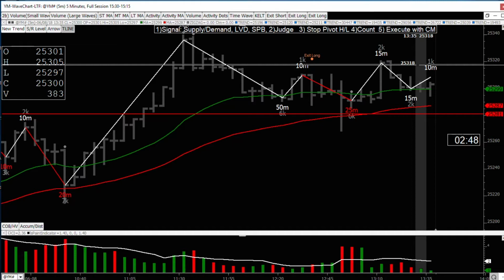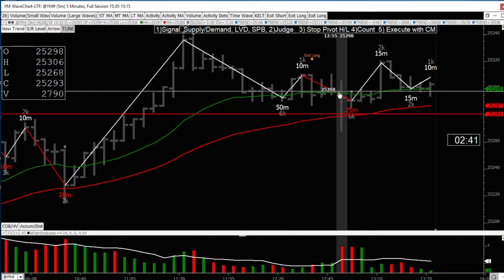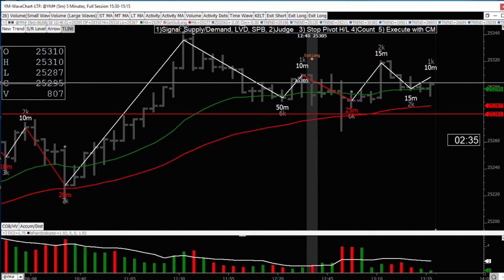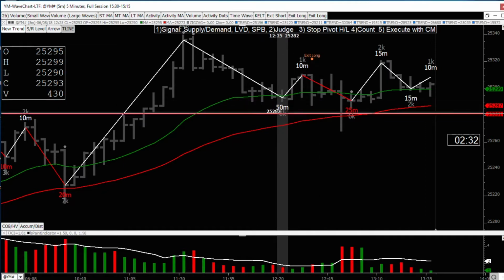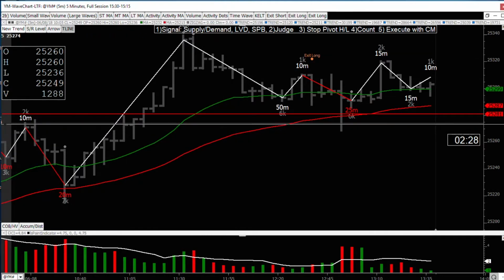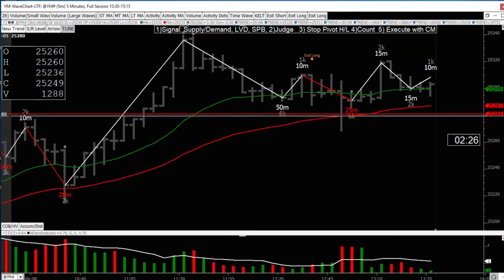It could be reaccumulation in this case. It could be distribution. It could be many things. So you can't just click the button just because the sellers got a little bit stronger than the buyers. Why? Because the trend is up, and there's pressure here.